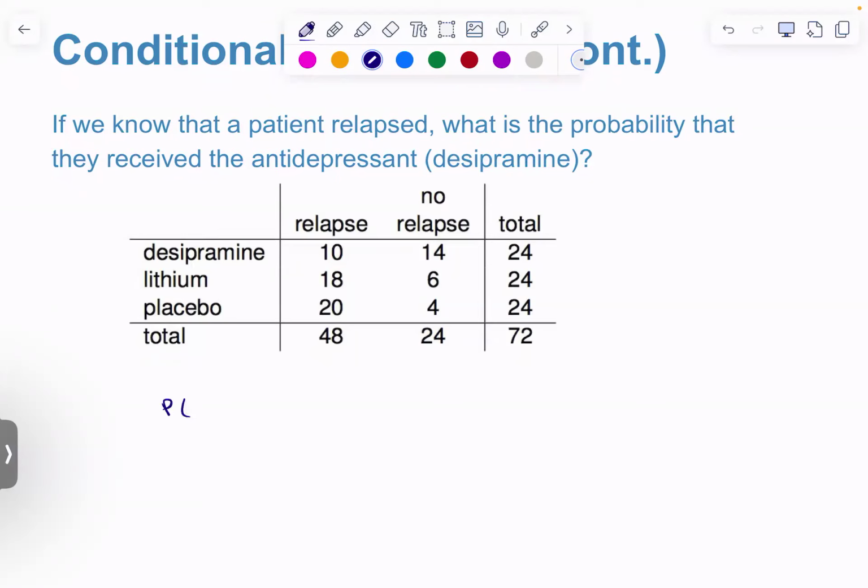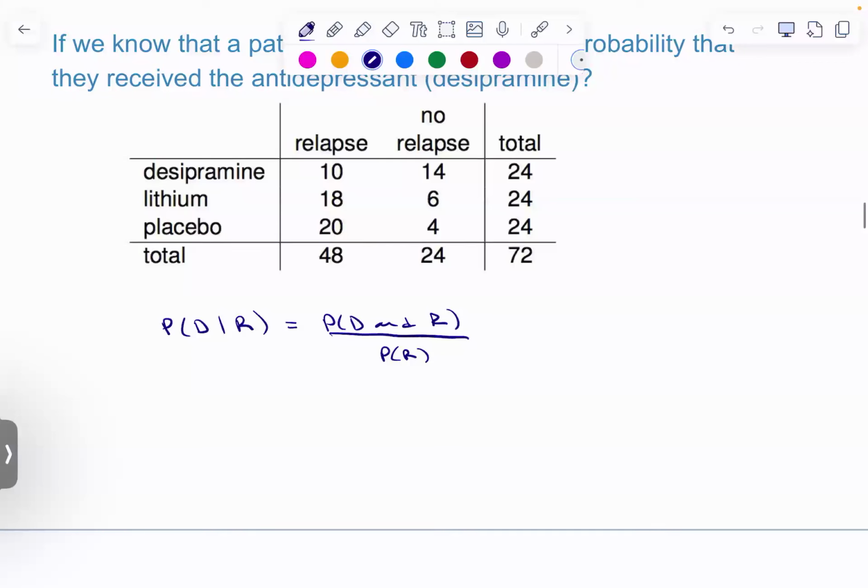The probability of D given that they relapsed is the probability of D and R over the probability of R. The probability of D and R is 10 over 72, and the probability of relapse is 48 over 72.